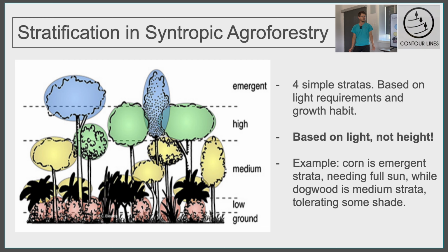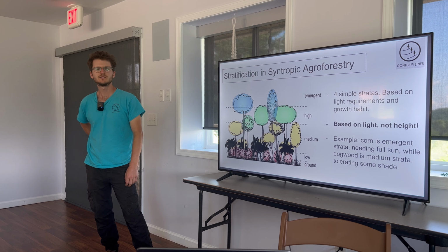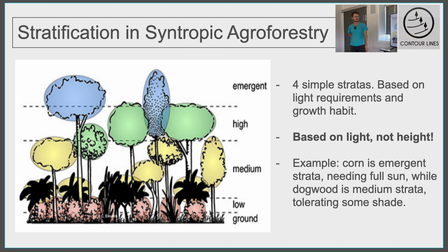And then medium is happy with dappled shade its whole life, or could take some full sun through part of the year. And then, to get at it being based on light and not height, corn would be an emergent species needing full sun, but something like dogwood, which can get 20 or 30 feet, is more medium and can deal with dappled shade its whole life. And so I just really liked it.